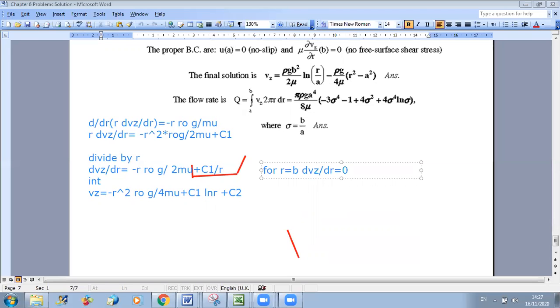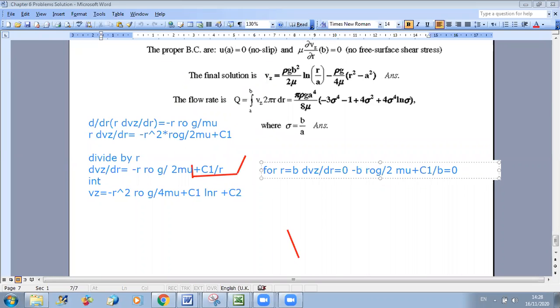So if I replace in this relation, we get that for this condition, minus b times rho g over 2 mu, plus c1 over b, equals 0.